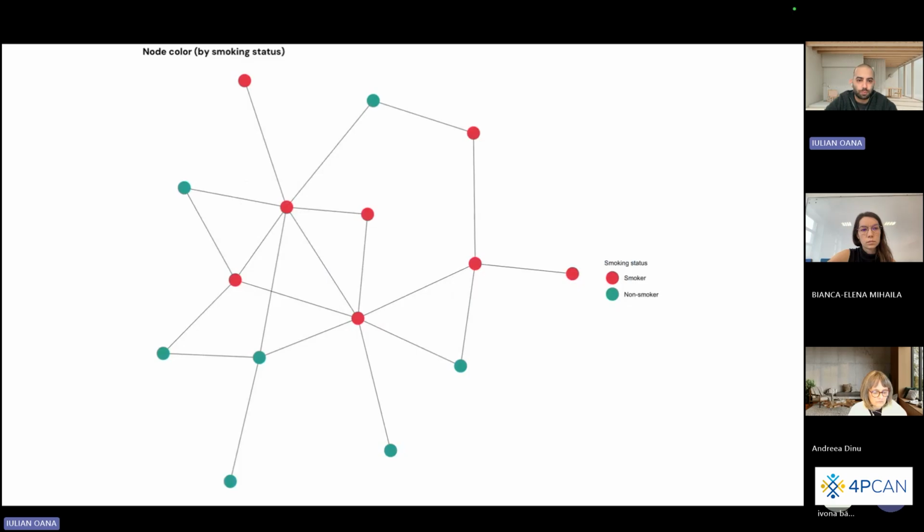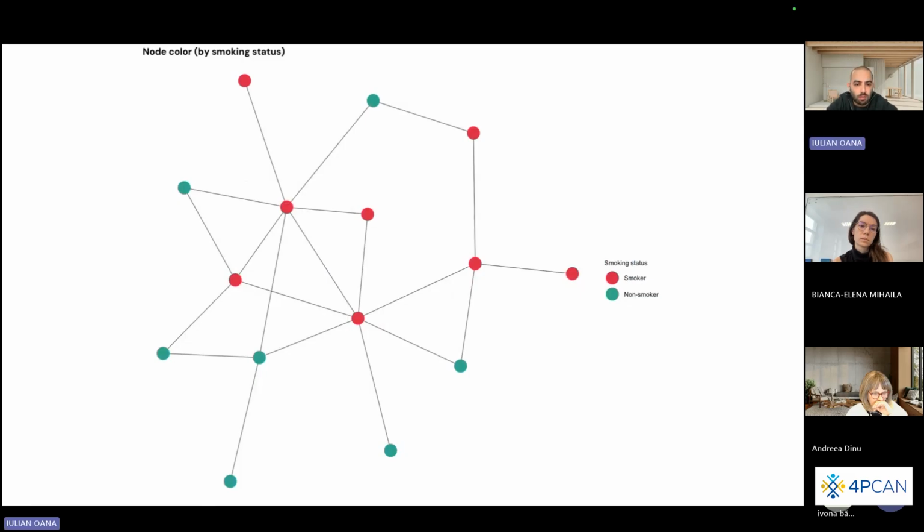We can choose to, if that is important for our analysis and for what we want to transmit to the reader, evidentiate who are the smokers and who are the non-smokers, and to see if this visual representation also transmits some sort of clustering, like smokers tending to have more ties between them, and non-smokers also to have more ties between them.